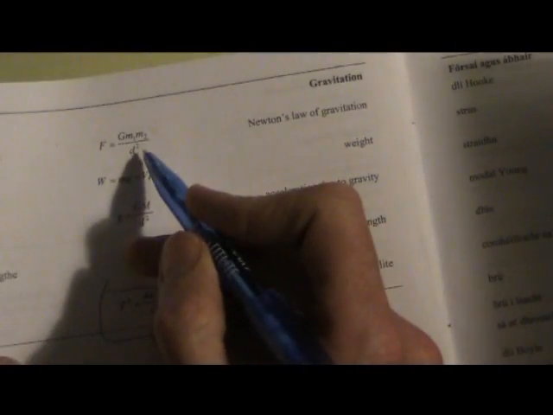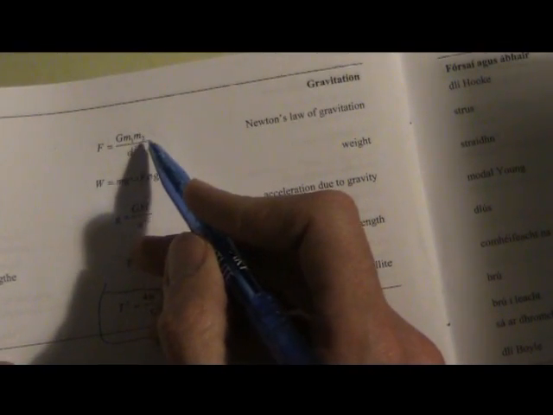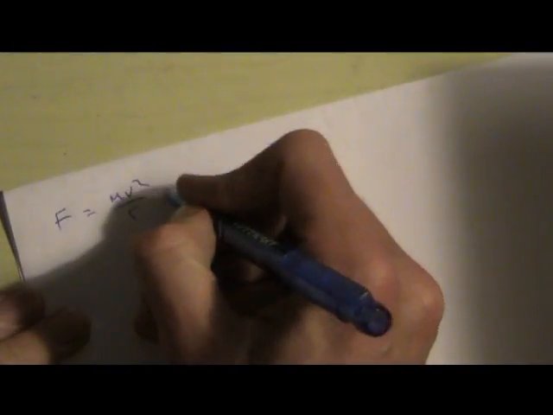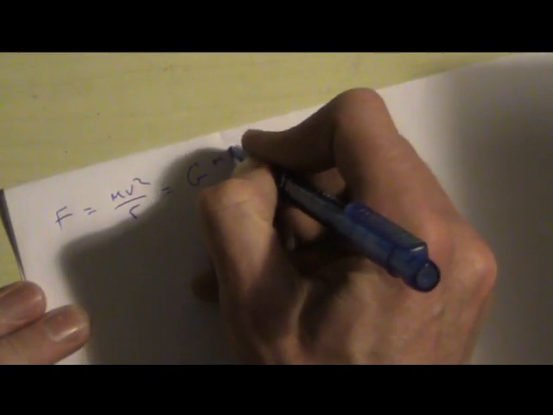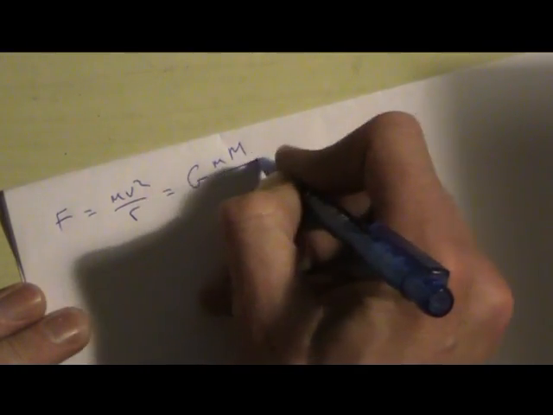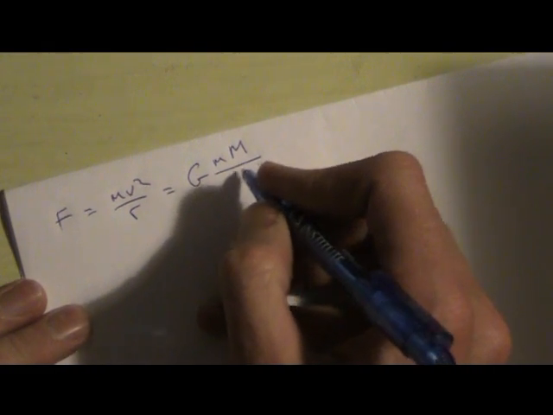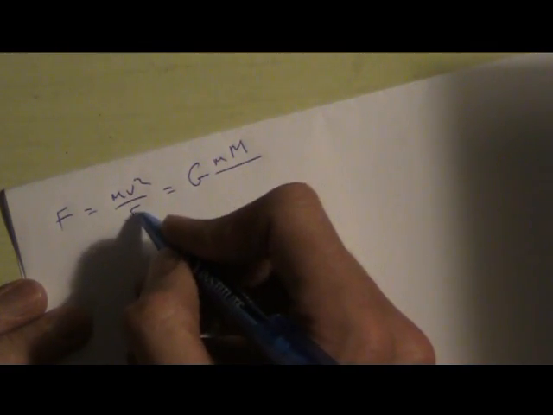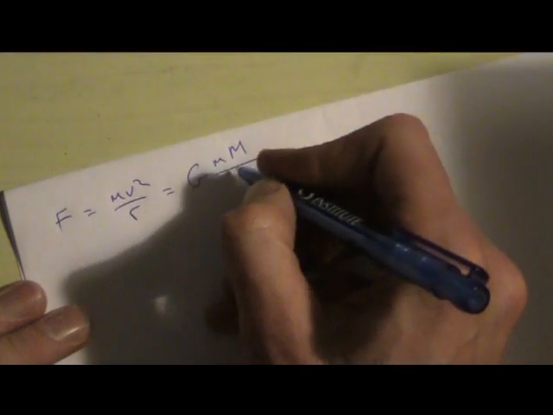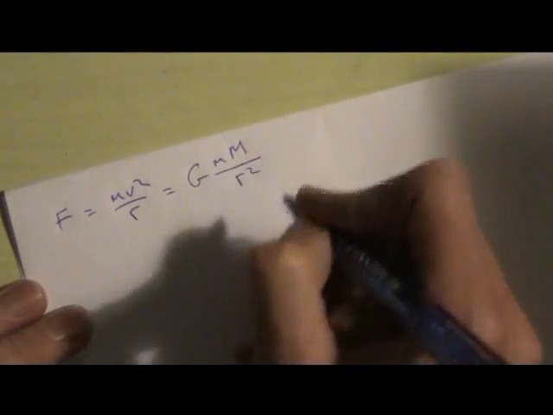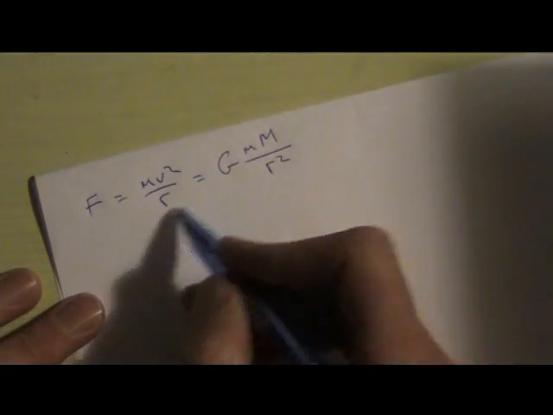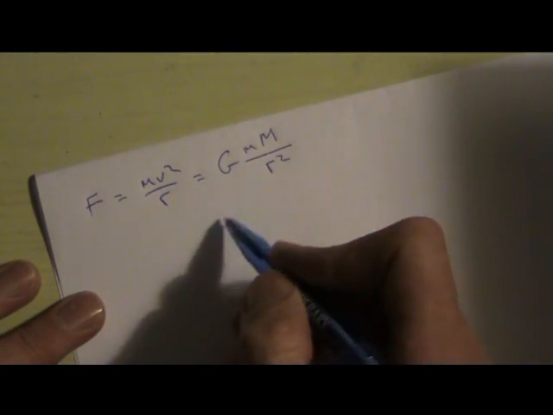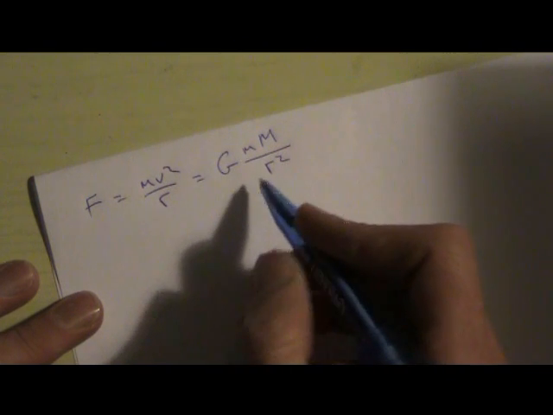It's Newton's law of gravitation, big G mm over d squared. So the centripetal force can also be given as G times the mass of the satellite times the mass, big M, of the Earth over the distance between them squared. We're using r because the distance between them is the radius of the circle, so I'll just call it r squared. Now this equation here is the same as this equation. There are two equations for the force that holds the satellite orbiting the Earth.